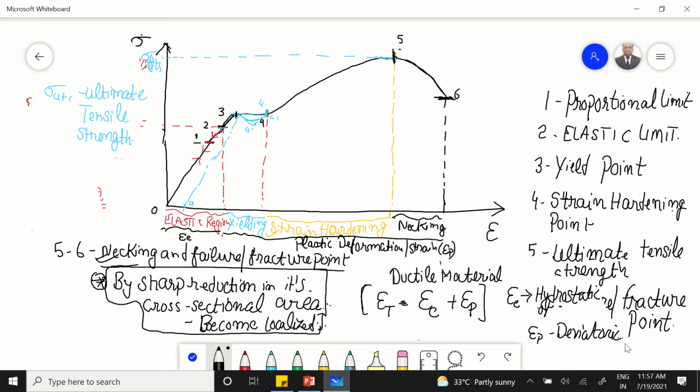Hydrostatic means there will be a change in the dimensions of a body. Now as the body is changing its dimensions, there will be a volume change. So any stresses which represent the volume change in a body, and those volumetric strains which are associated with this component of stresses, we call hydrostatic strains.